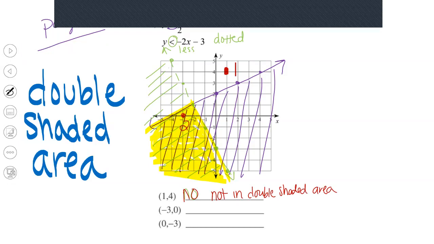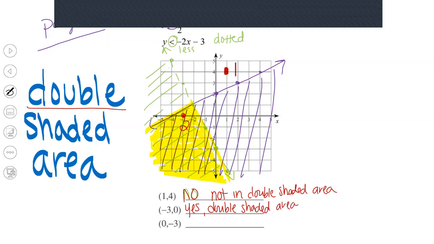Is number 2 a solution? Yes, it is. Why is number 2 a solution? Because it's in the double shaded area. So yes, because it's in the double shaded area.